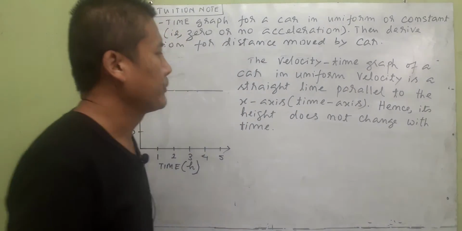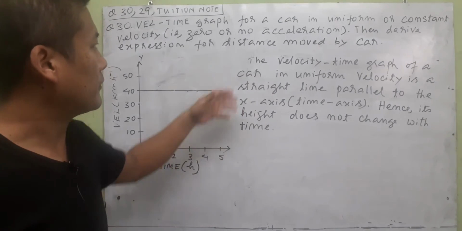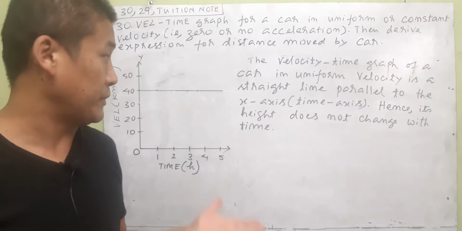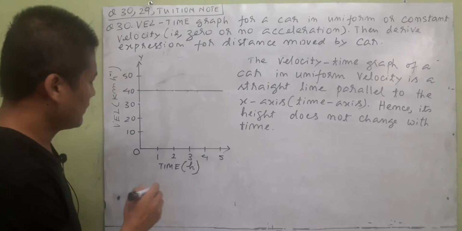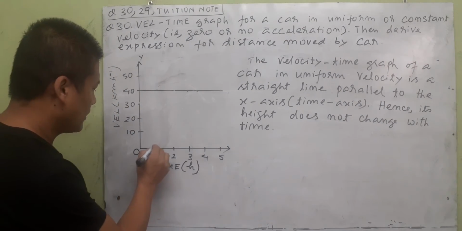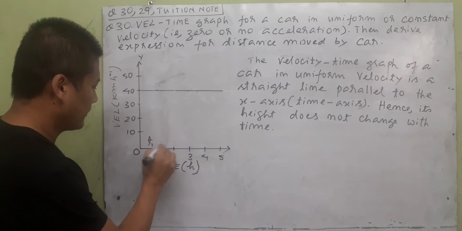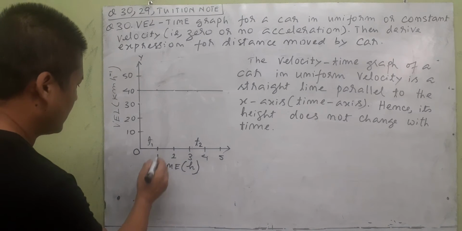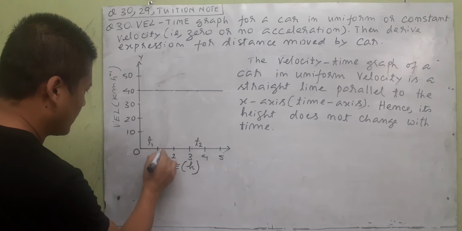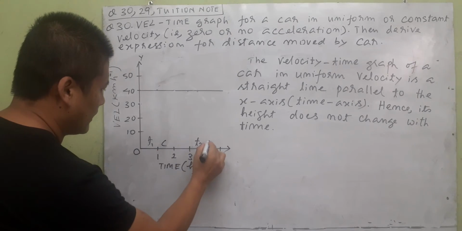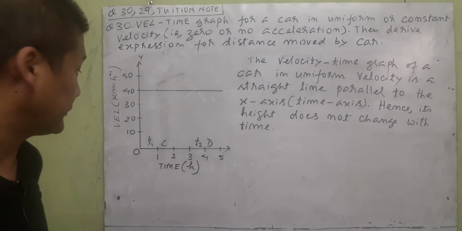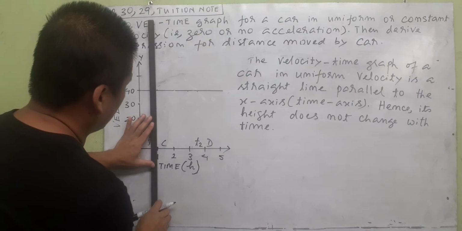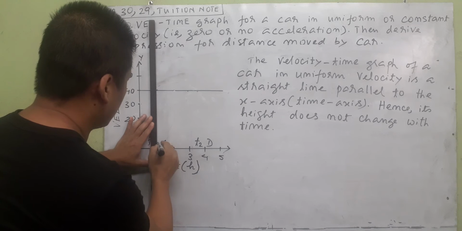Okay, so then one use of this velocity time graph of uniform motion is we can find the speed of the car. For that you may want to take here 2 points. Let us say here T1, and here let us say T2. So let us say that is the point C and D. So from this point, how will you get the distance traveled by this car?